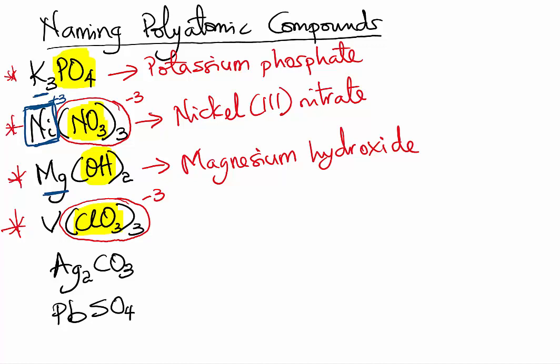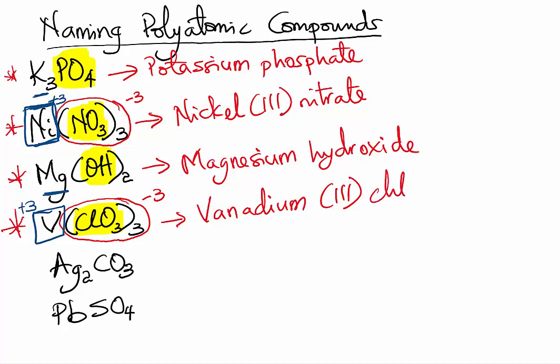And that means the total positive will be +3, which means that the name of this compound should be vanadium 3 chlorate. Let us move on to the next one.